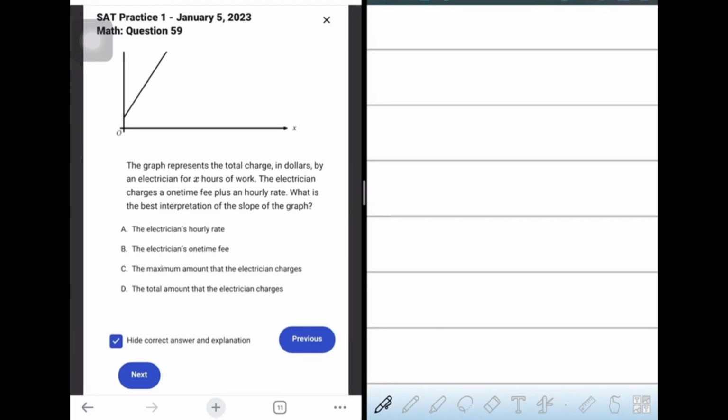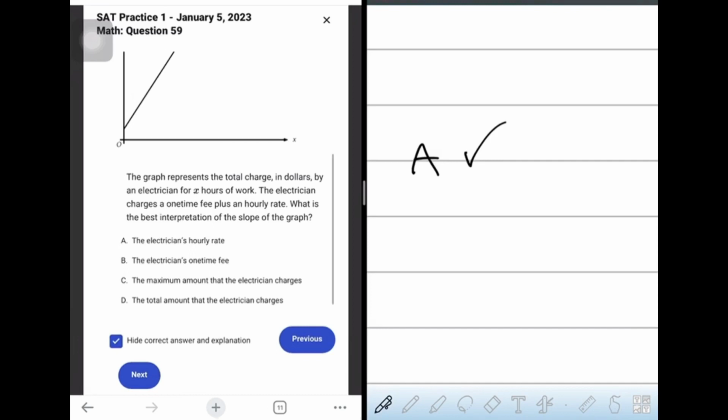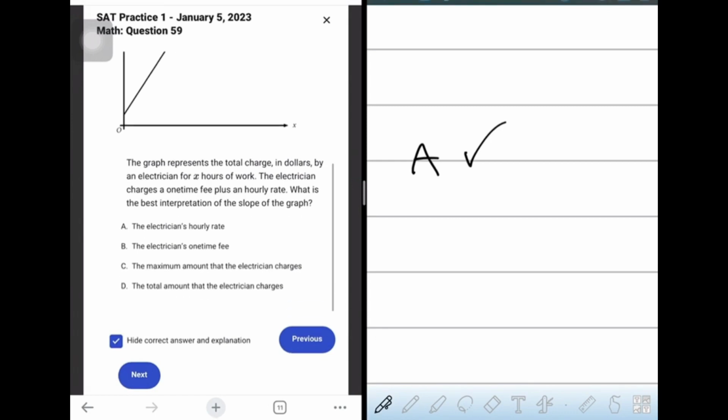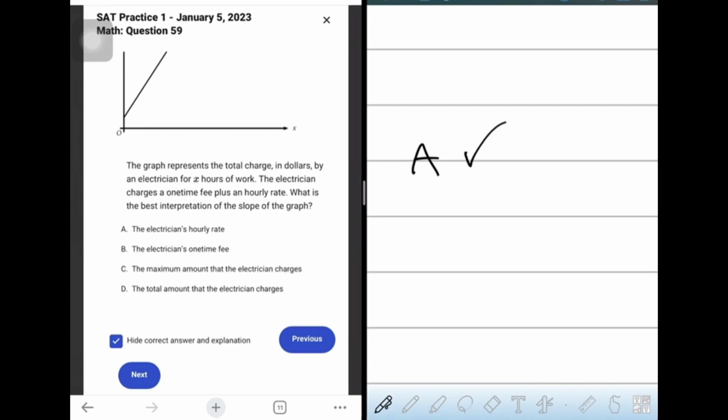So maybe letter A, we put it here. And then B is just like the y-intercept or something like that. It's not the slope, okay? And the maximum is not, because the slope means the rate of change.